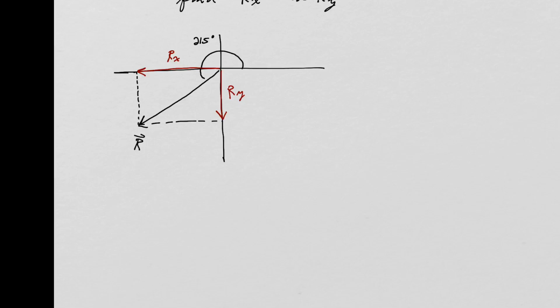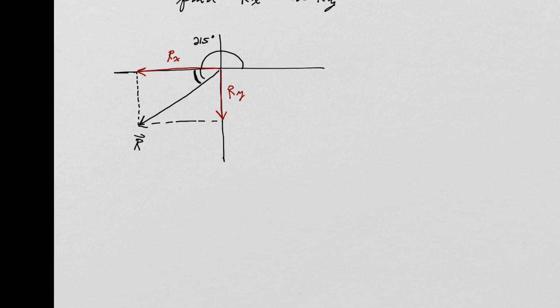Okay, now to make things easier, we could actually use the 215 degrees directly, but it gets more confusing if you do it that way. I think it's easier just to use the reference angle. Remember, the reference angle is the angle that the vector makes with the x-axis, so that angle right there. So how do I find that?